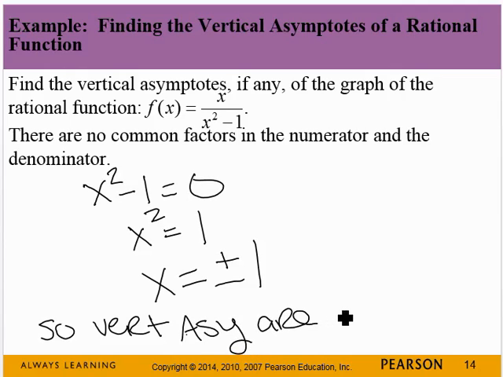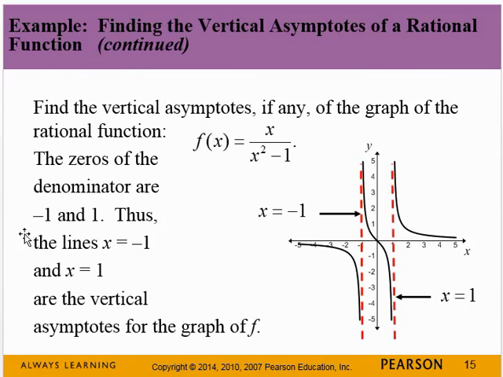So your vertical asymptotes are the lines x equals 1 and x equals negative 1. So zeros of your denominator are negative 1 and 1.